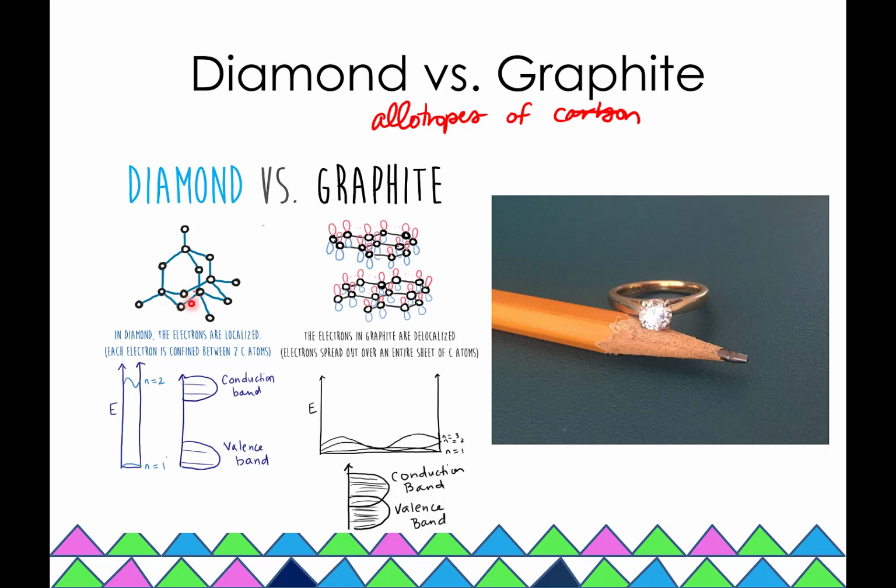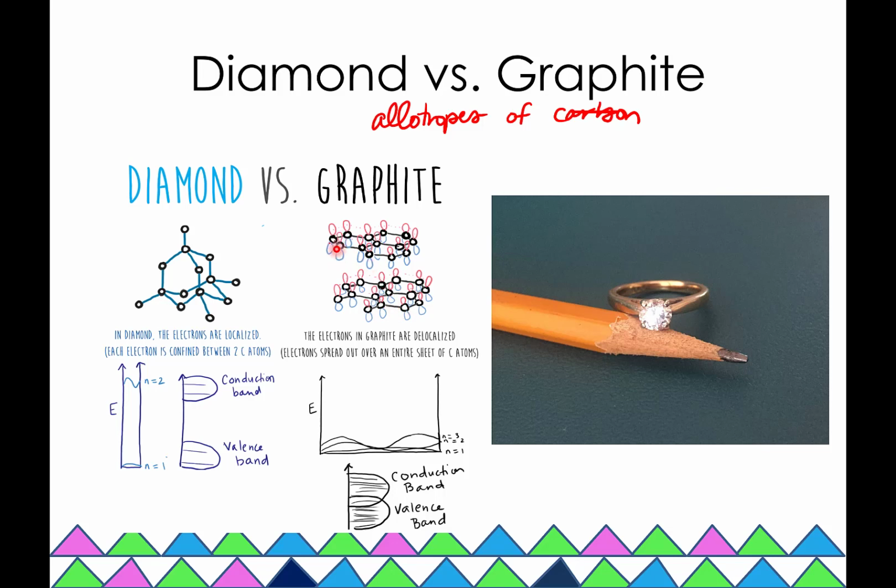Because of these localized electrons, remember we talked about how things that are conductors have delocalized electrons. Materials that have localized electrons are going to be insulators. So there's a large gap between our valence and conduction band for diamond. Graphite, on the other hand, we have all of these p orbitals. So it's sp2 hybridization on these carbons.